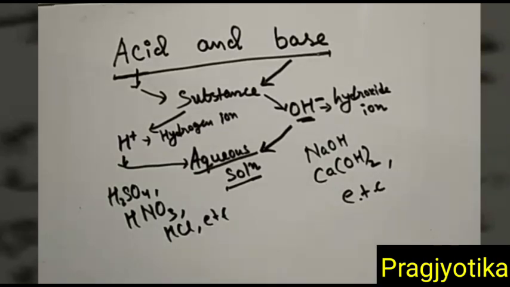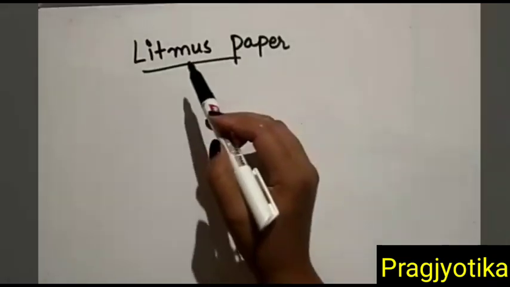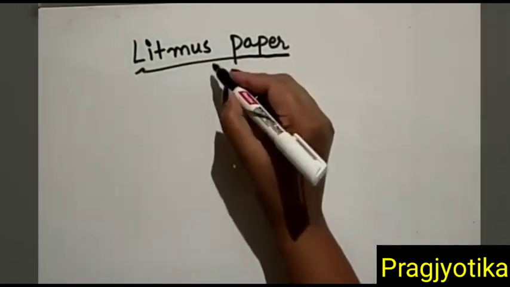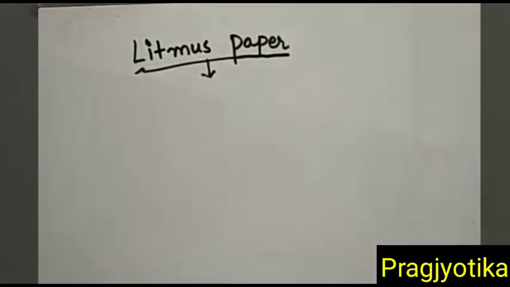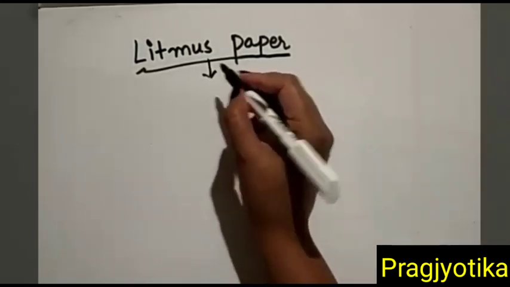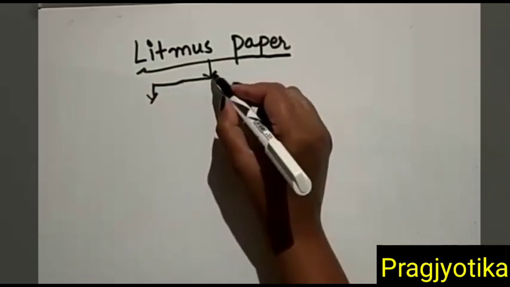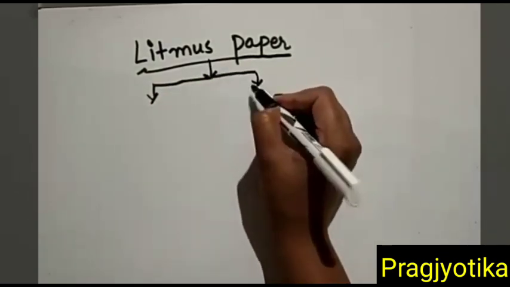Now let's discuss litmus paper. So what is litmus paper? Well, litmus paper is a special type of paper which is used to test whether a substance is an acid or base. This litmus paper is of two types.